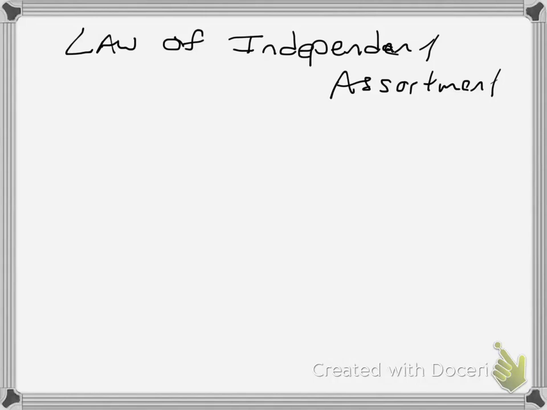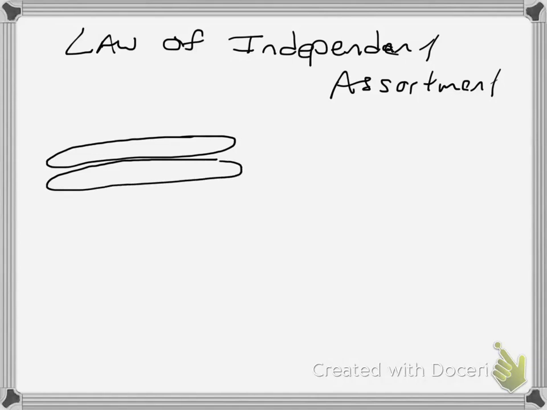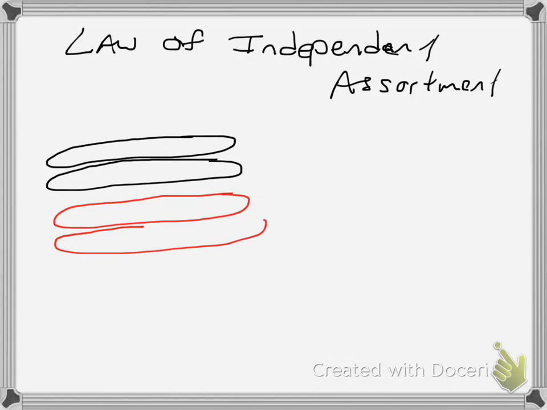So the basic idea is that if we think of each parent, or each cell, we've got two chromatids of a chromosome, and we've got a maternal and a paternal. On these chromosomes, we can put some characteristics.